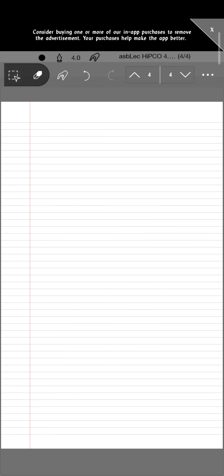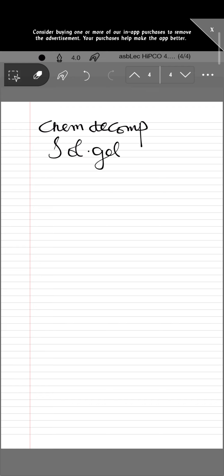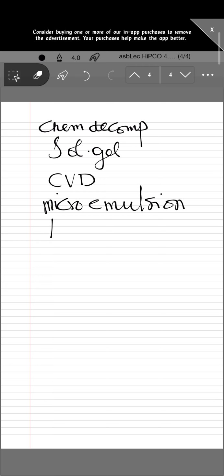For example, there is a process called chemical decomposition, like sol gel, then chemical vapor deposition, then microemulsion, as well as hydrolysis.